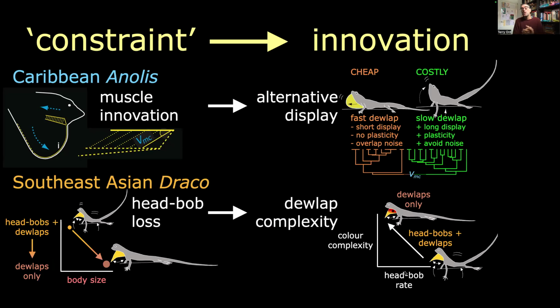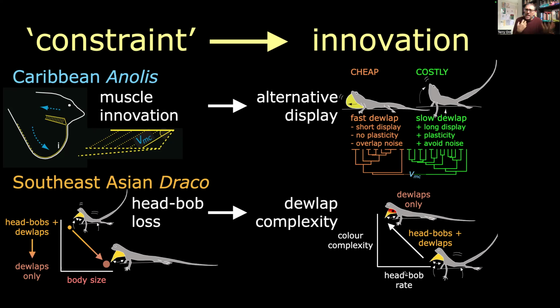So if we step back for a moment, Caribbean anoles, one clade has that innovation relating to the muscle contraction velocity, but that one that's in green did not have that innovation. So they've been constrained to have to come up with alternative innovations in terms of duration and contextual plasticity to make up for the fact that they still need to have a conspicuous display.